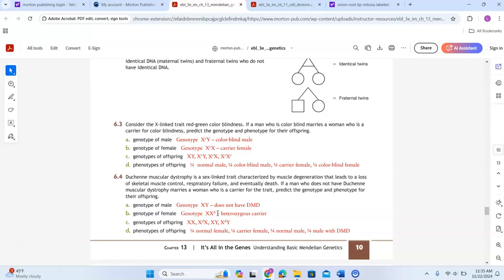When you do a Punnett square, you can have two X's, which is a normal female who is not a carrier. You can have X X^d, which is a female who is normal, but she is a carrier for muscular dystrophy, and she can pass it on to her children. Then you have XY, which would be a normal male, or you could have a one-fourth chance of having X^d Y, which is a male that does have Duchenne muscular dystrophy.